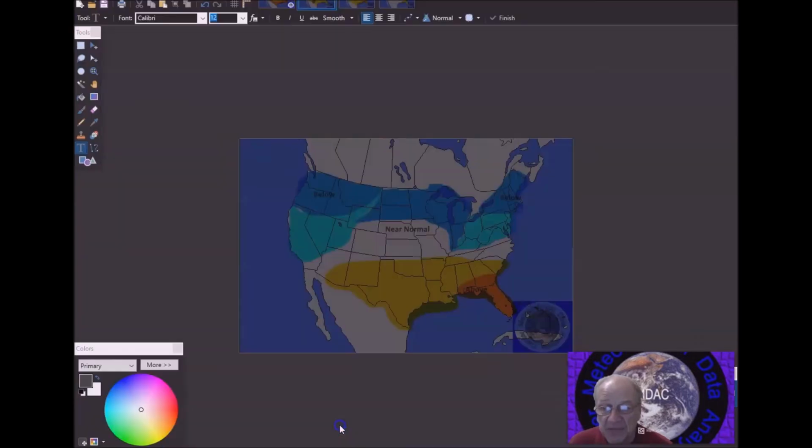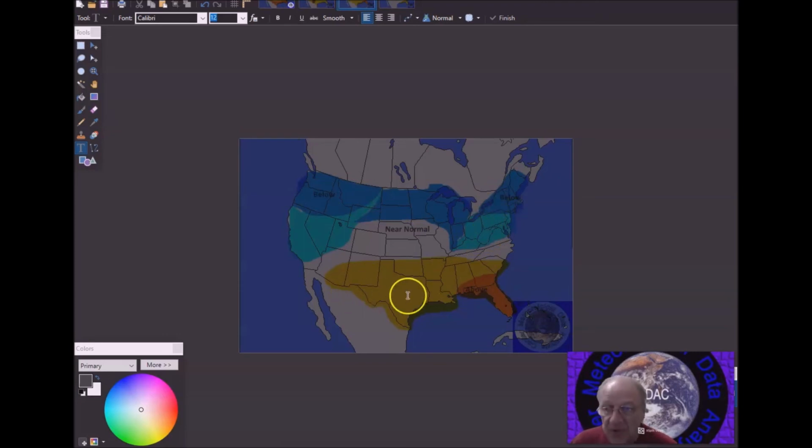For this forecast period, I'm calling for below normal temperatures for much of this region here. This is due to the trough here, and also the upper low sinking south from Hudson Bay. I'm calling for anomalies near 4 degrees below normal, maybe a little bit higher in the darkest blue areas.